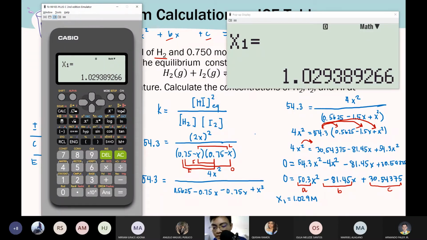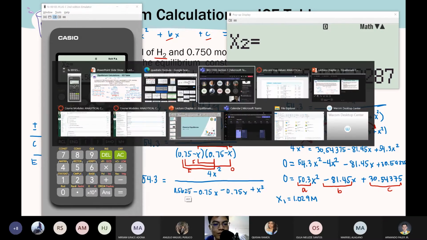You press it again. Press the equal sign, together. 1, 2, 3. You now have x2: 0.590. I'll round it off to 3 decimal places, because we're already writing so many numbers. 0.590.